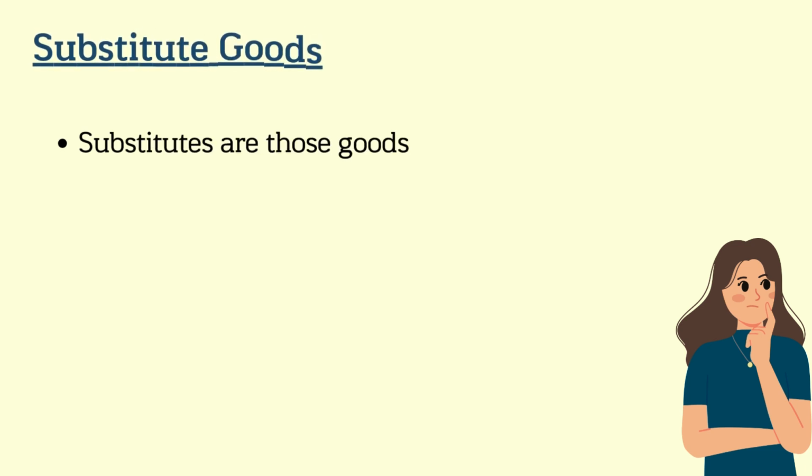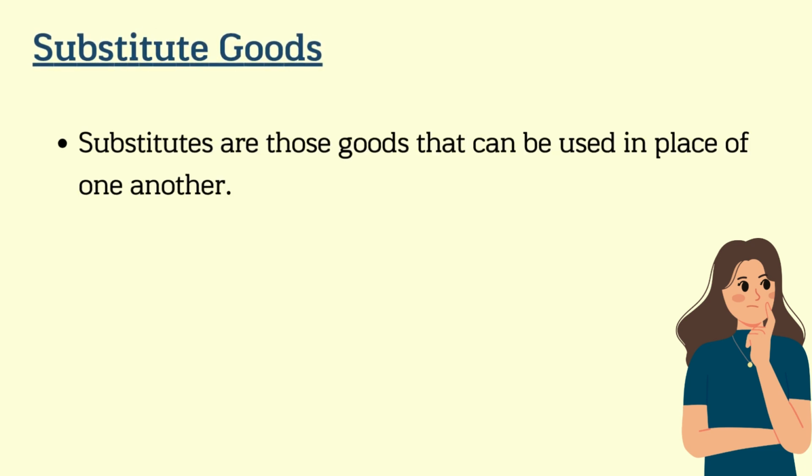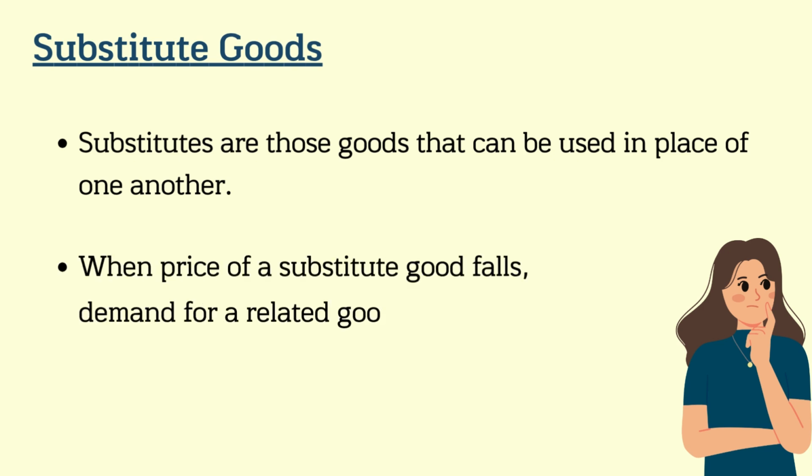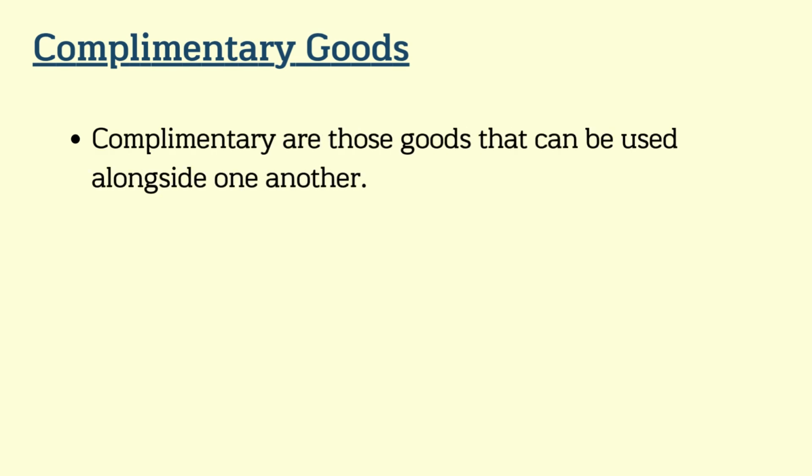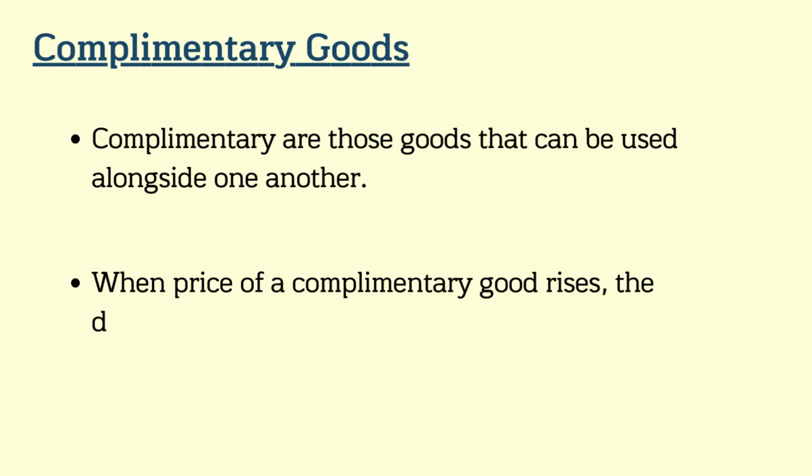Thus, we can say substitutes are those goods that can be used in place of one another. When the price of a substitute falls, the demand for the related good falls and vice versa. Now let's turn to complementary goods. Complementary goods are those goods that are used alongside each other. When the price of a complementary good rises, the demand for the related good falls.